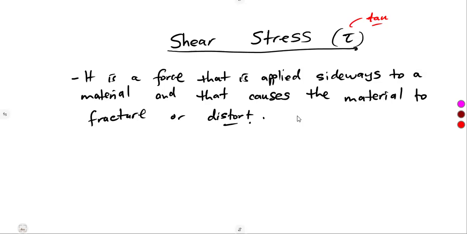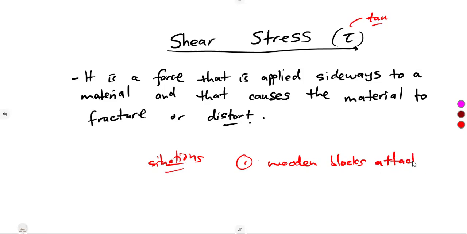So, situations where shear stress can be applied, or where we say there is a shear stress. Which conditions can we have for this? We can have wooden blocks attached by a nail.